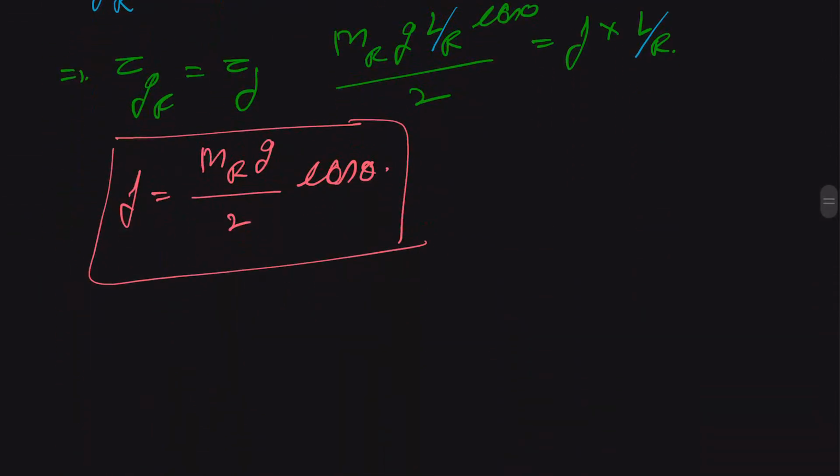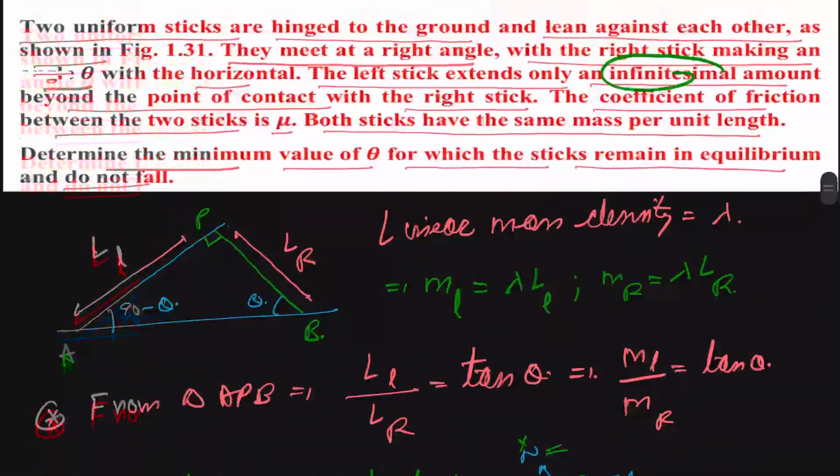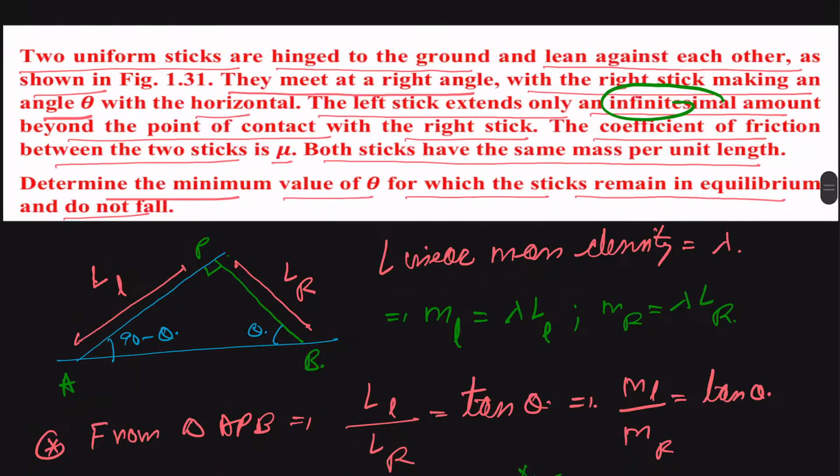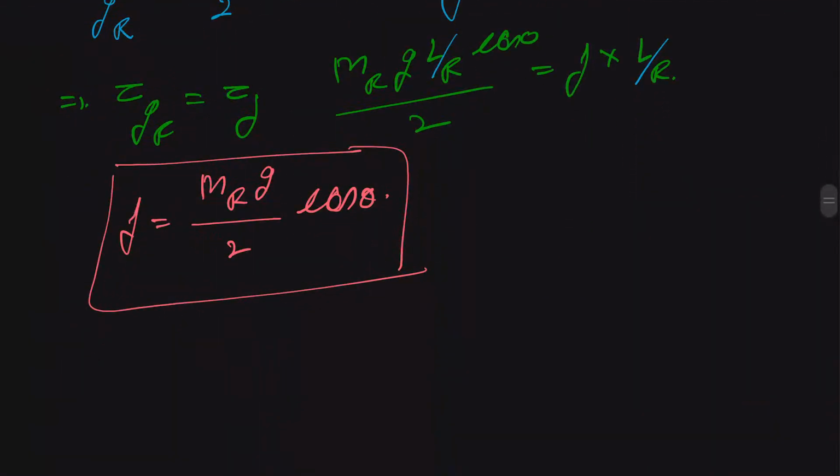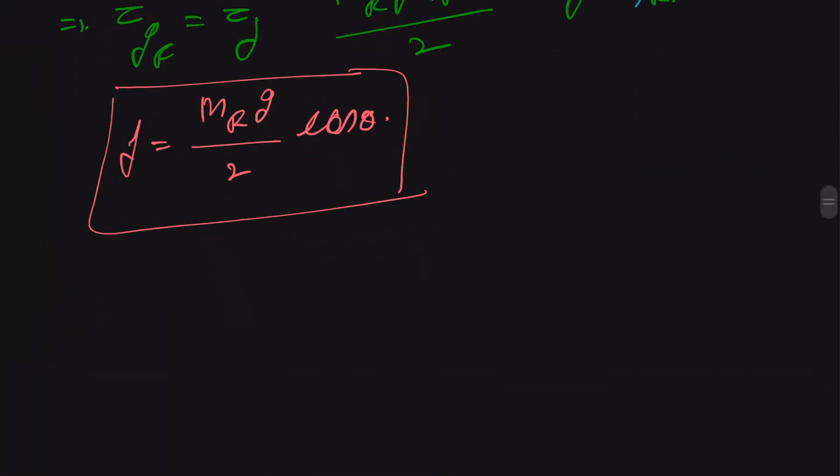Okay, because we are interested in finding this minimum value of theta, and for that we are going to use the relationship between the friction as well as the normal. So we know that the friction force is less than or equal to mu N. This is a standard relationship in statics.